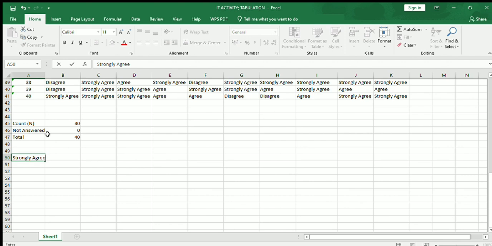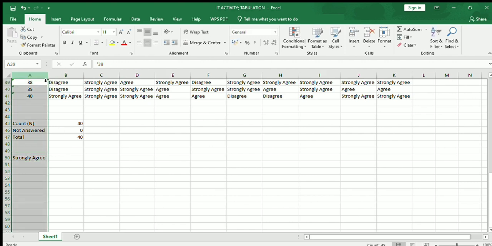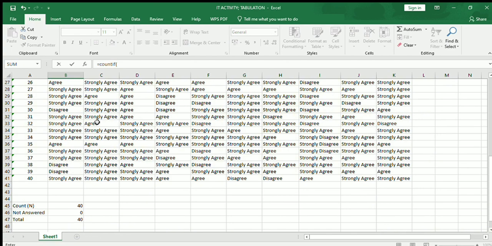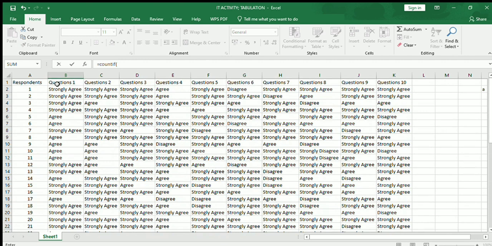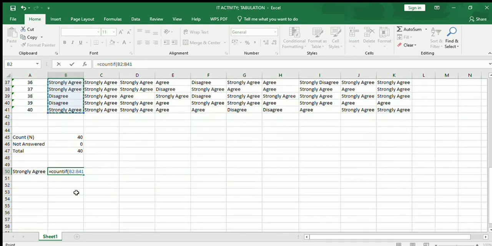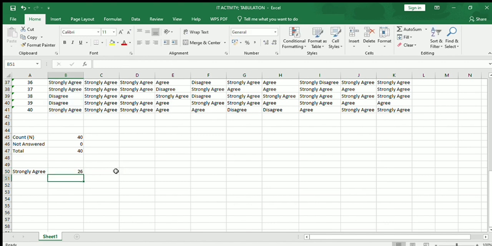So the formula on how to get the amount of the respondents who answer strongly agree is equal sign COUNTIF, open parentheses, highlight 1 to 40, then comma, double quotation, strongly agree, and then double quotation again, and then close parentheses, and then enter.